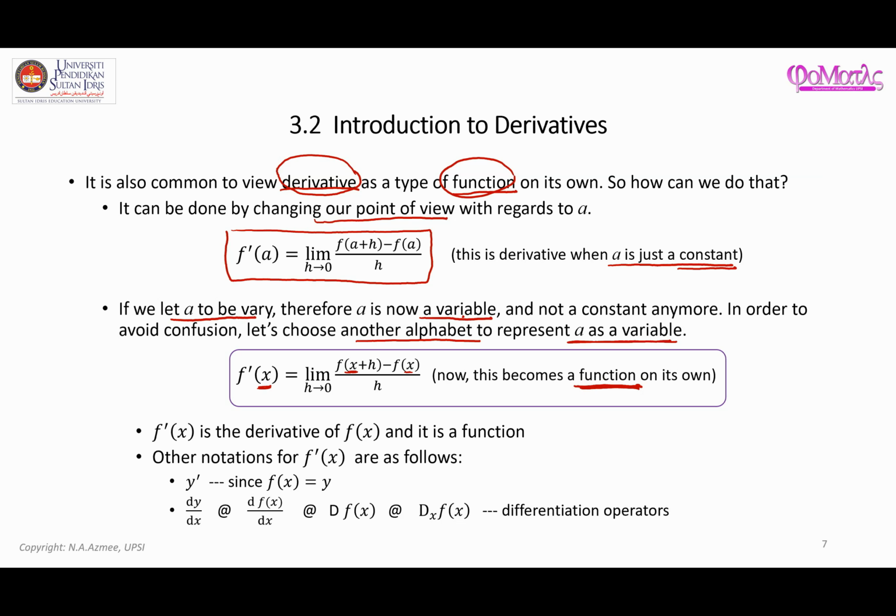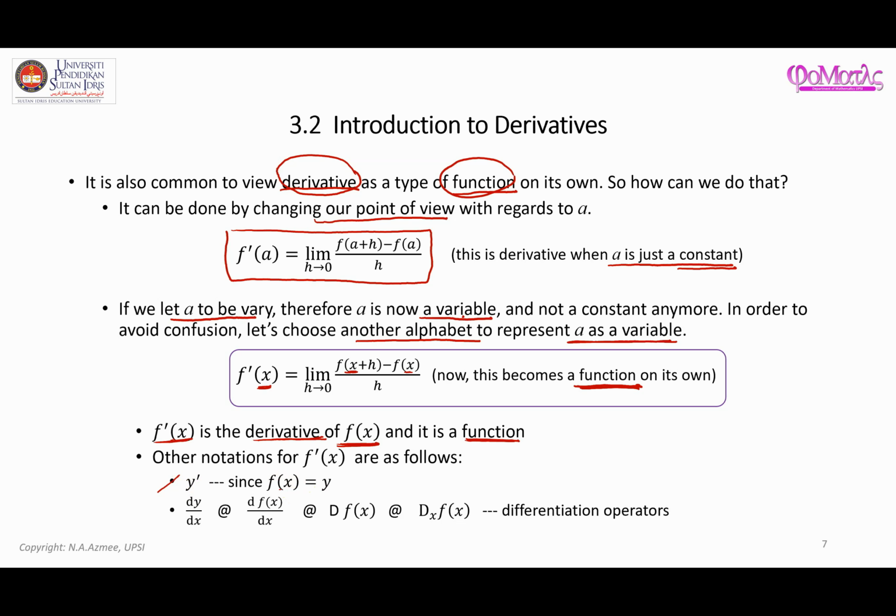Okay, so let me reiterate again. If you have a function, this is a function. If you want to find the derivative, which is f prime x, it is also a function. Other notations for f prime x are given as follows, such as y prime. y prime is quite common because it is common to say f of x equals y, and so if you find the derivative of this function, it is common to use the notation y prime to denote the derivative.